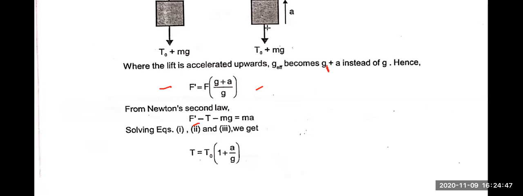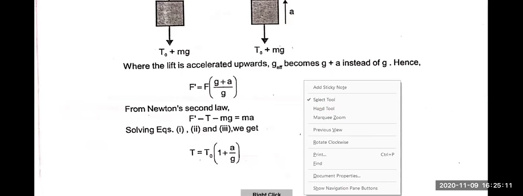F and F dash is buoyancy, as simple as that. And if your density is not changing and your volume displaced is not changing, the buoyancy force will be in the ratio of g effective. That's why I can write F dash is equal to this. And then this is your Newton's law of motion. I hope all of you got this concept.